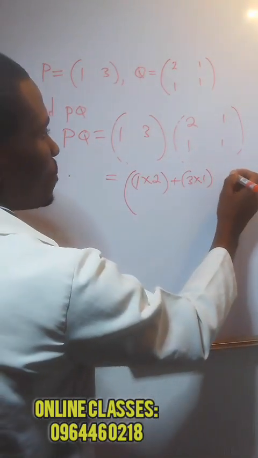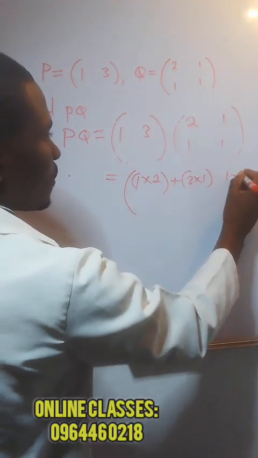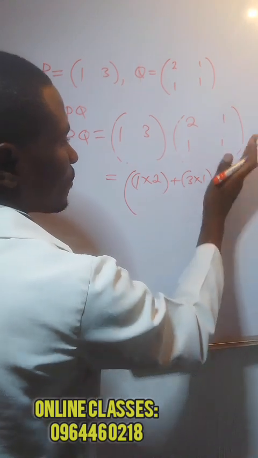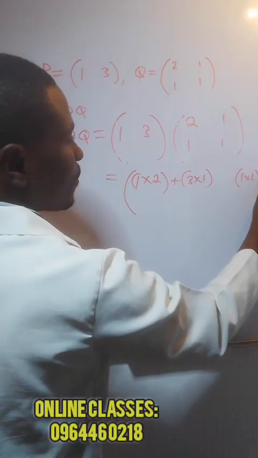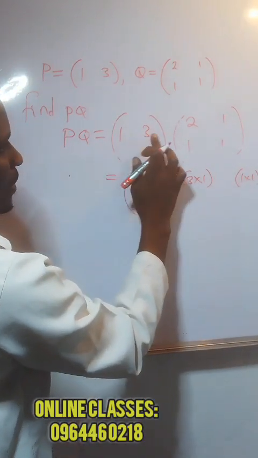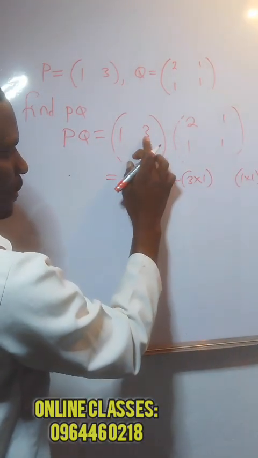So it's going to be 1 times 1, plus 3 times 1.